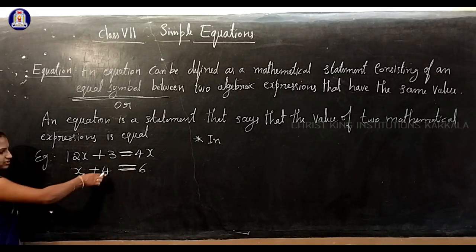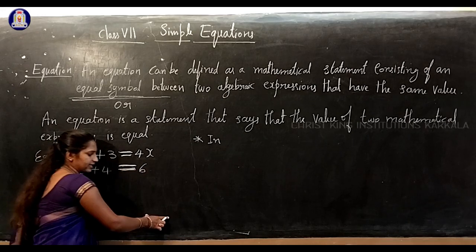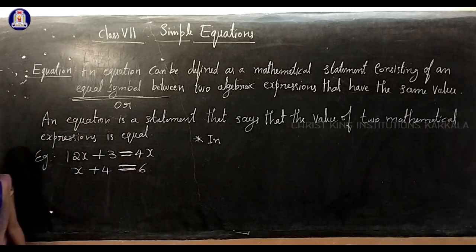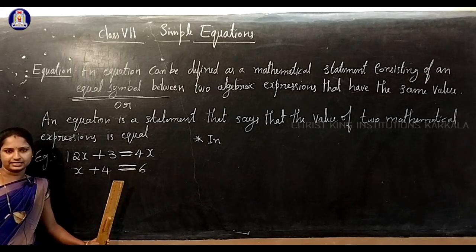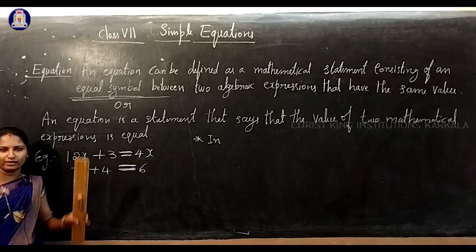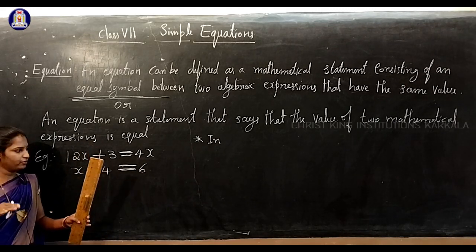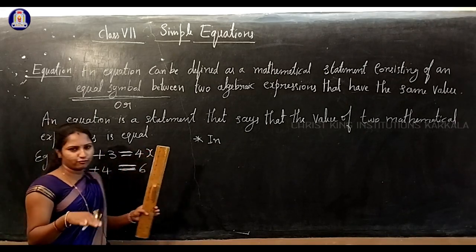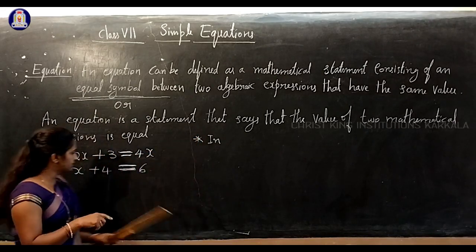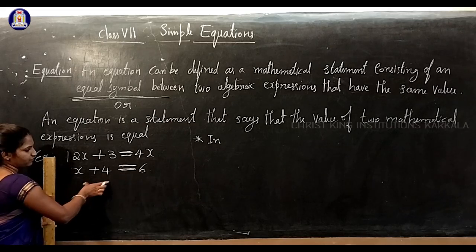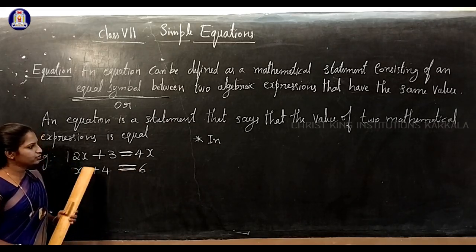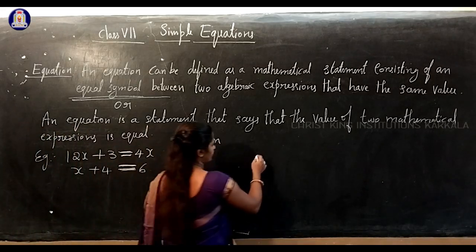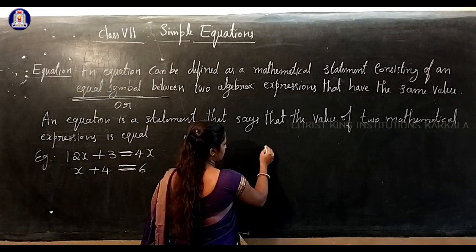Same value means the left hand side answer and the right hand side answer should be the same after solving. It is like balancing, how we weigh vegetables or fruits. Like this, on both sides we should get the same values.